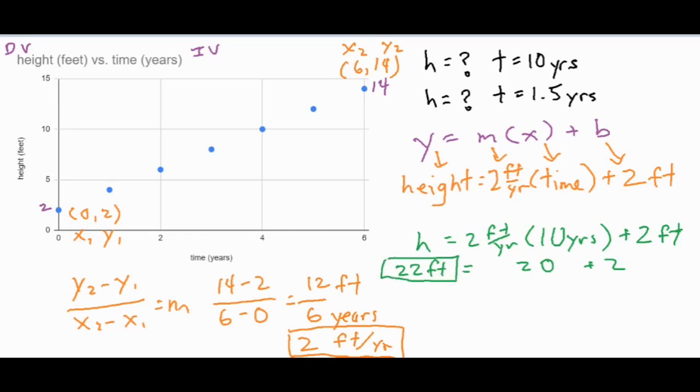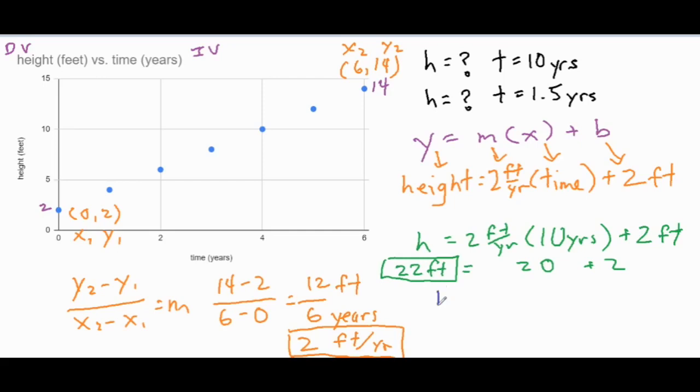Now for our second problem, we are going to be looking at a time of 1.5 years. So this goes from 0 to 2, 1.5. Can you look at the graph and interpolate and find a point on your line and have a pretty good estimation of what that number is? Yes. But you're going to want to plug it into a mathematical model if you can, because it's going to give you a very exact number without eyeballing anything on a graph.